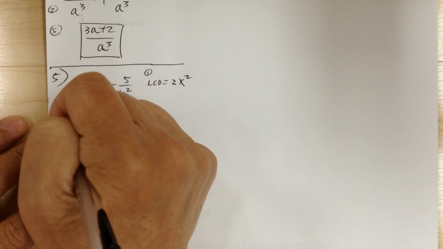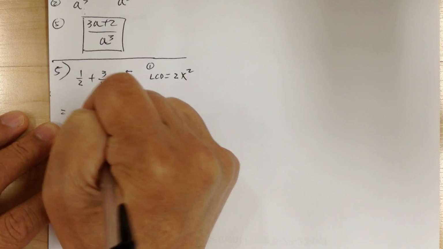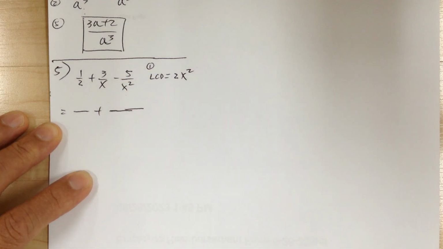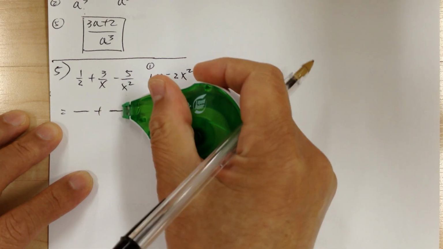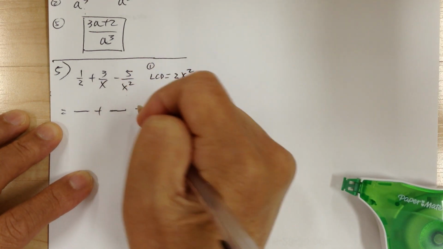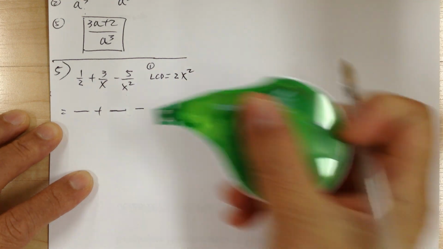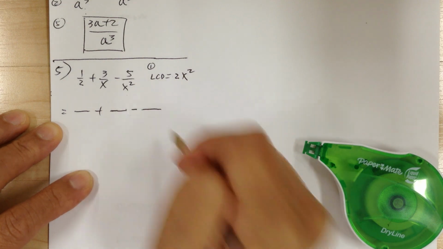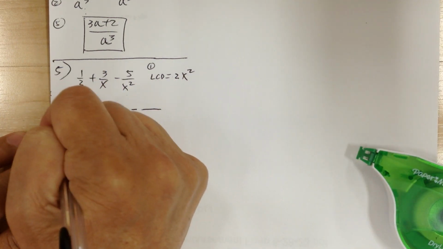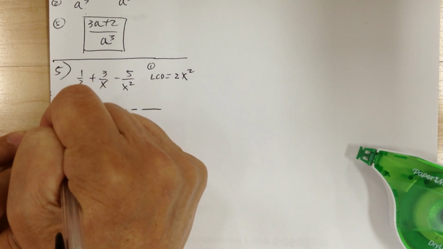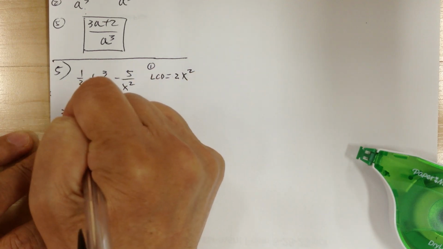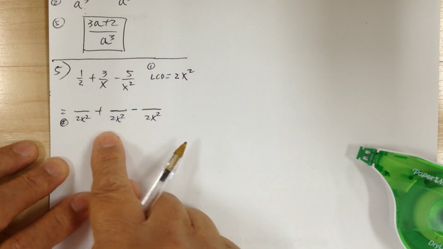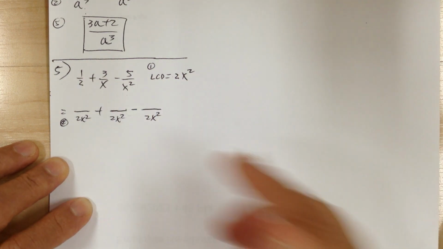Then step 2, get your LCD down here, so it'd be 2x squared, 2x squared, 2x squared. Again, make sure you get your LCD before you go on the top.